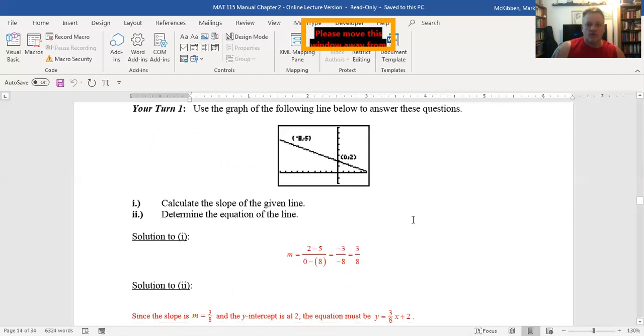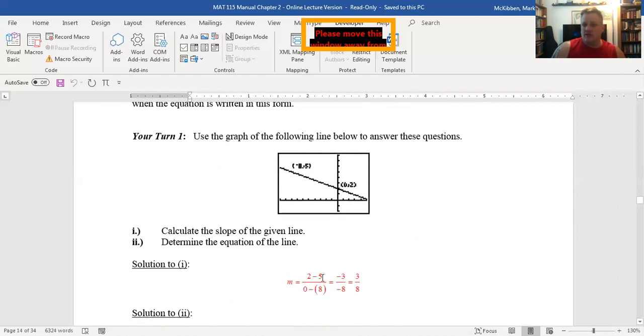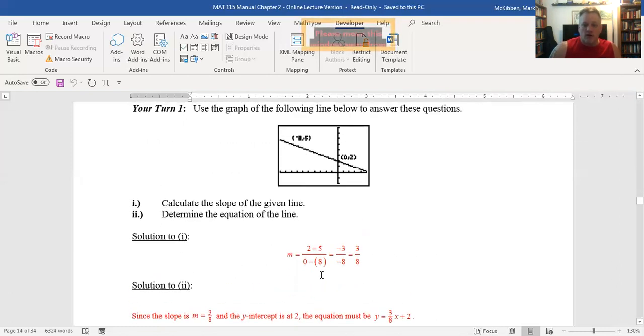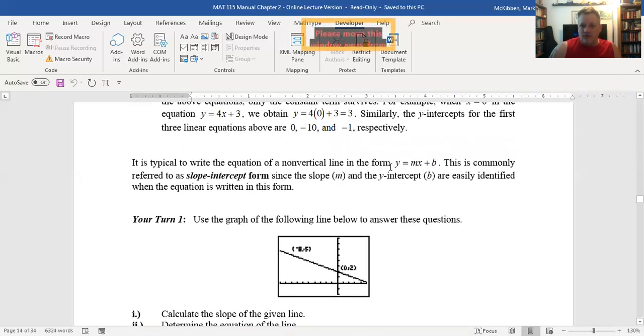All right, so if you tried that, again, you can subtract the y's and the x's in either order, it doesn't matter. I chose to subtract 2 minus 5 and 0 minus -8. And so what we find is that the slope, the m, is 3/8. And for the equation of the line in part 2, if we're using this form, all we need is the b, which is the y value of the y-intercept, if you happen to have that in hand.